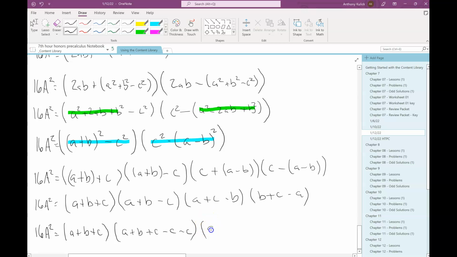In the next parentheses, I'm going to add in a b and then subtract a b right after. And in the last parentheses, I'm going to add in an a and subtract an a right after. Oops, still got the minus a at the end. And it's okay to do that because if I add something and then subtract it right away afterwards, I haven't done anything at all, right? Just like adding 0.